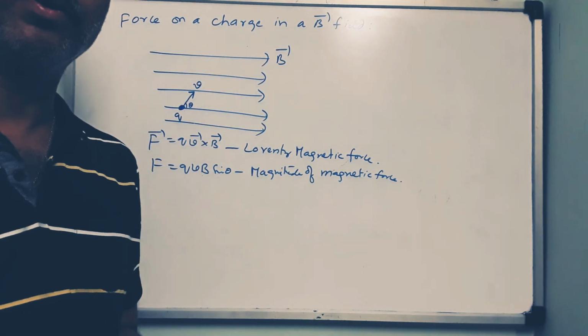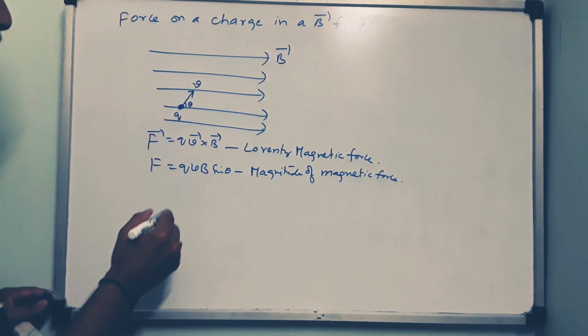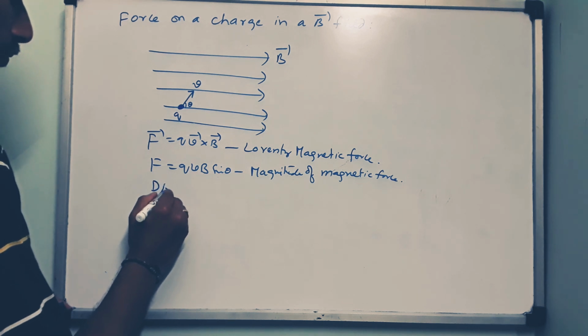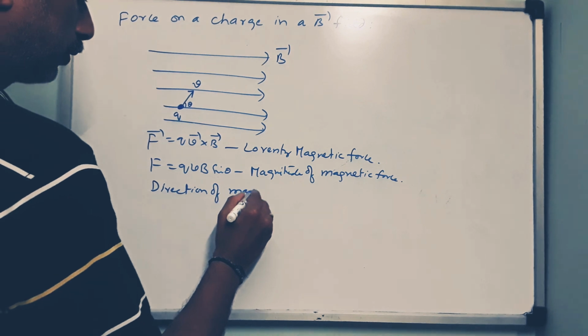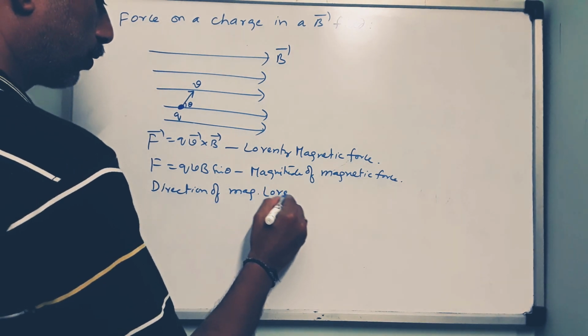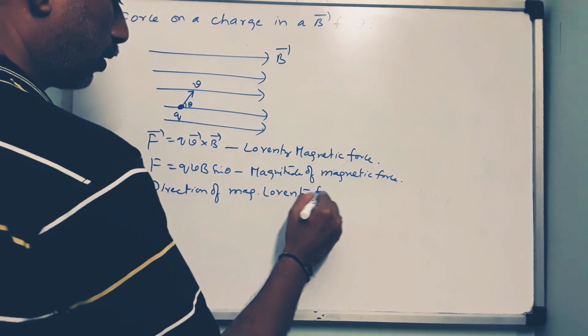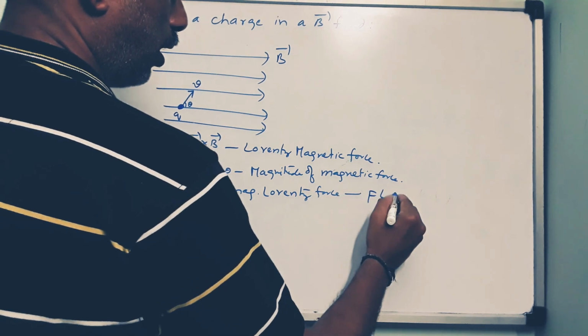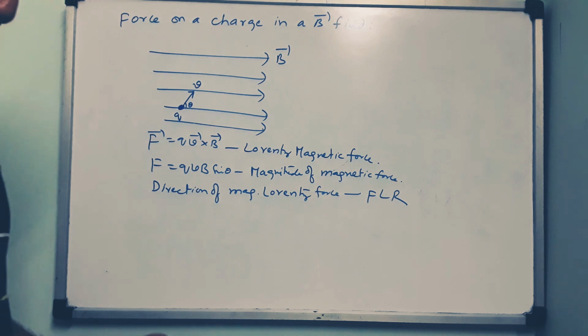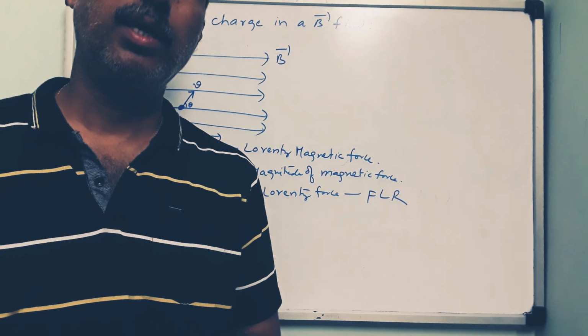What about the direction? The direction of the magnetic Lorentz force will be given by FLR. What is that? Fleming's left hand rule.